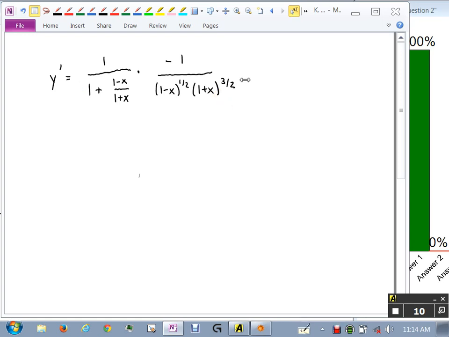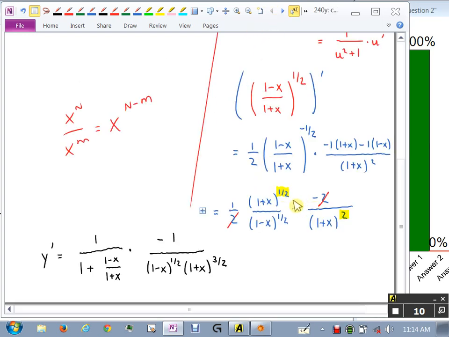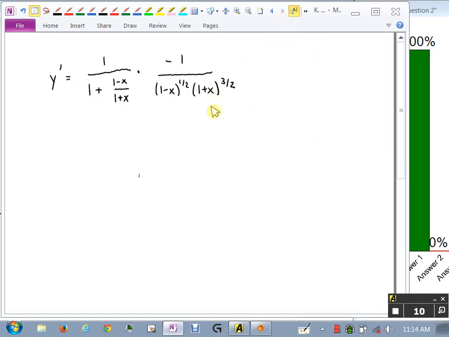So when we actually would have done this part right here, we would have got 1 plus x to the negative 3/2, right? Which would have meant it was on top with a negative power. So I went ahead and dropped it down and made it positive. Okay. That's pretty much the derivative. There's still a lot of work that can be done here algebraically.